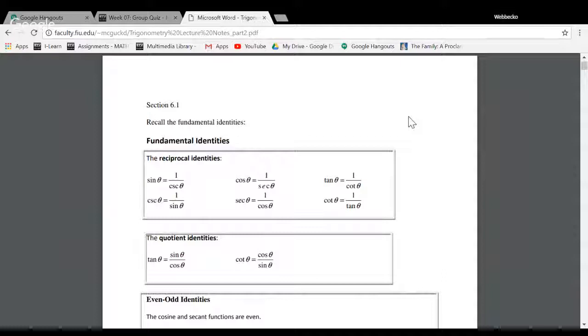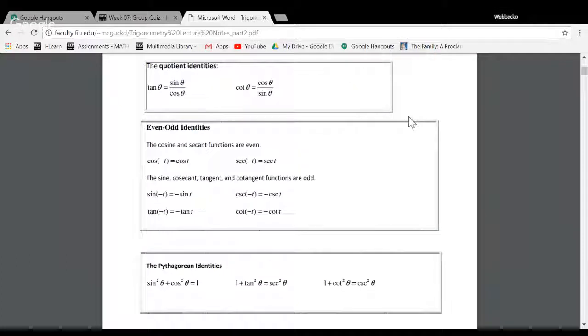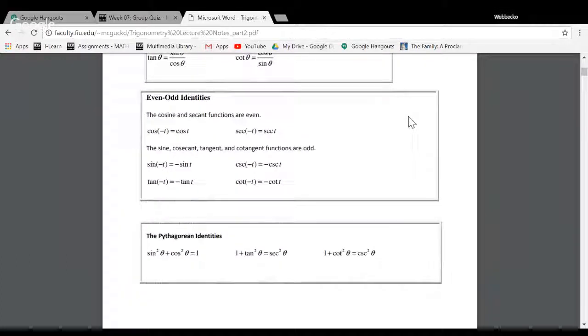Although those are the quotient identities. So we could also do an even odd identity or a Pythagorean identity. Yeah. Pythagorean one would be pretty simple. Sine squared plus cosine squared, both of them have an angle, equals 1. And so it would be 1 minus cosine squared equals sine squared.